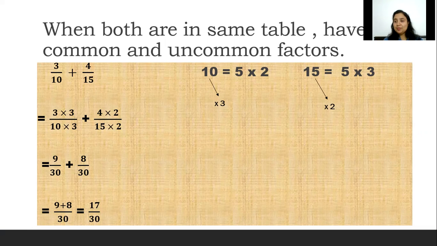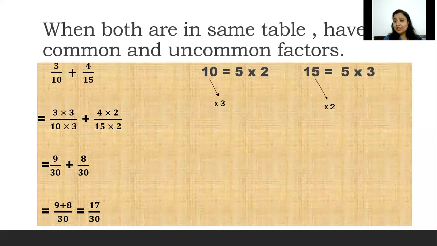Okay, so remember these steps. The steps are: find the LCM. Step 2 is equalize the denominator, and whatever number you are multiplying in the denominator, the same number will go with that numerator as well. Then carefully multiply, add numerators only, and if the fraction can be reduced further or can be converted into a mixed fraction, then please do that.